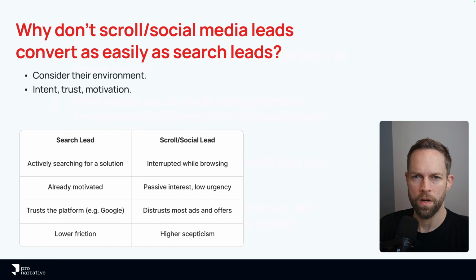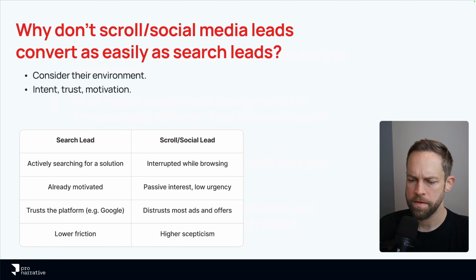This is amplified on social media, I think, because of the low barrier to entry to producing ads, to the fact that ads can look, they don't look like ads, ugly ads they're called, and other reasons as well that I won't go into now. So generating leads on social in a scroll environment, we've got to factor this general sort of distrust that people have in the environment and the process.